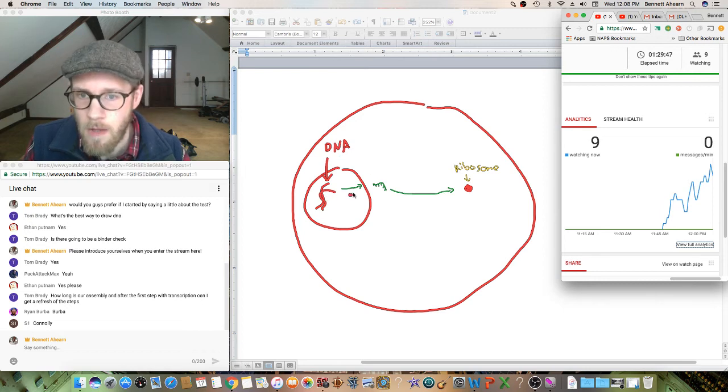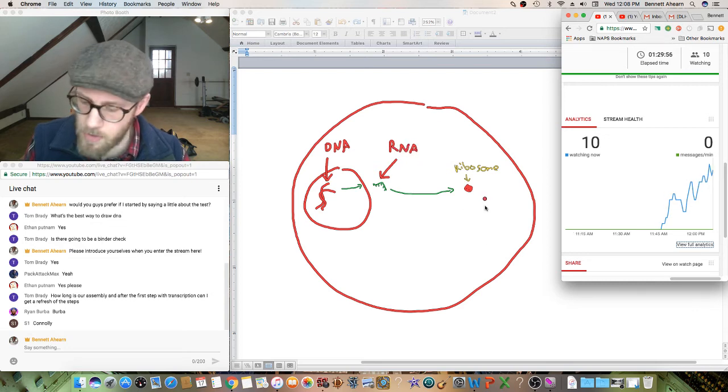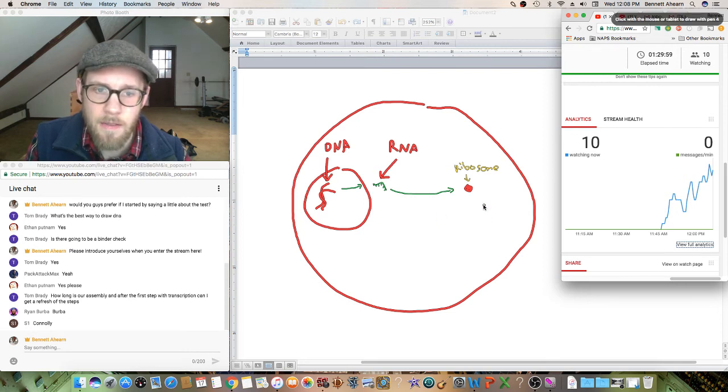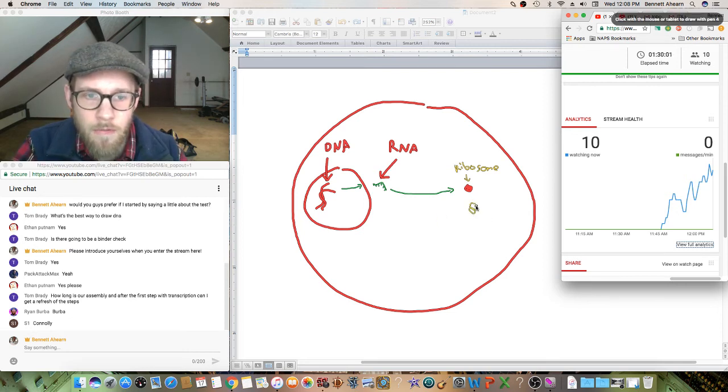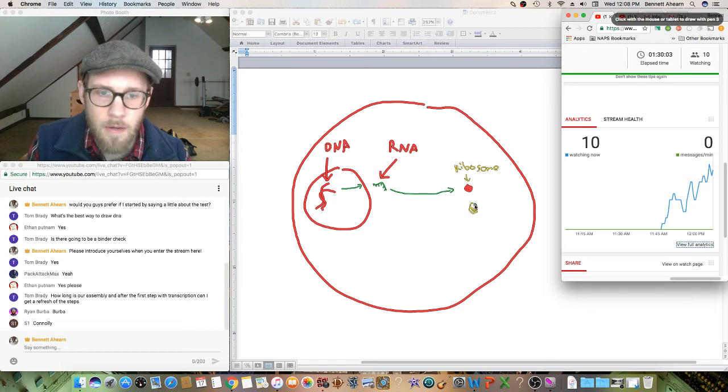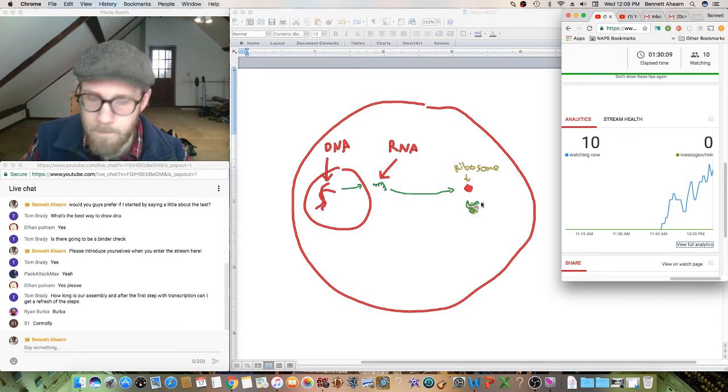DNA gets converted into RNA in transcription, and then the ribosome translates that message into a folded shape, right? It's got all sorts of different colors, different subunits to this thing, and that is our protein, right? Protein.